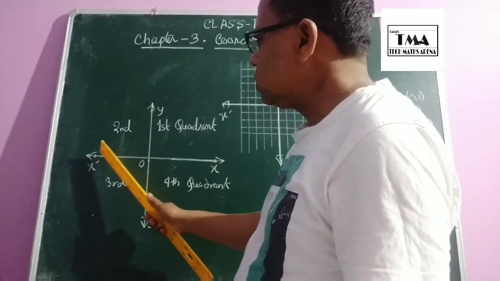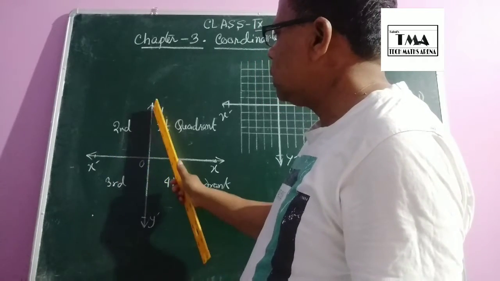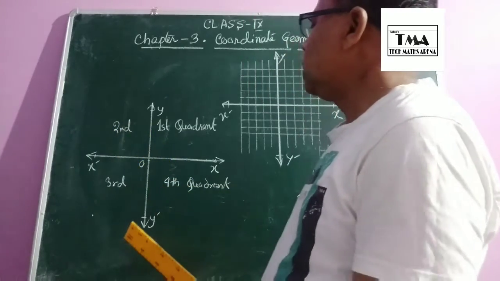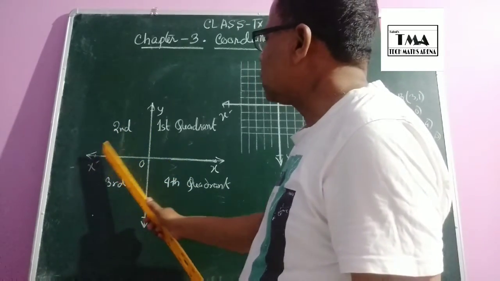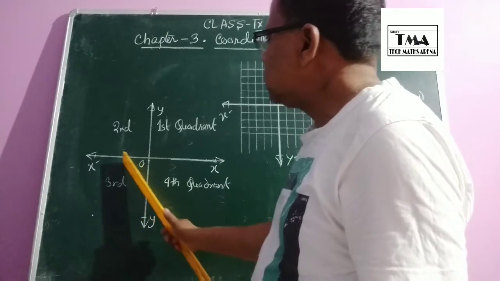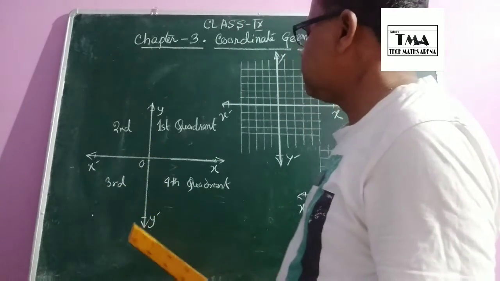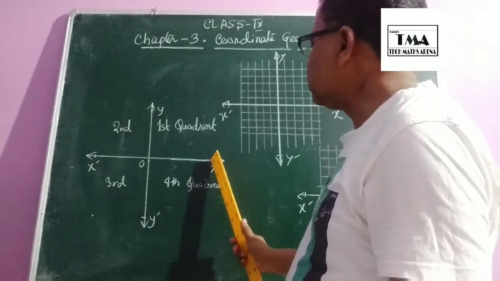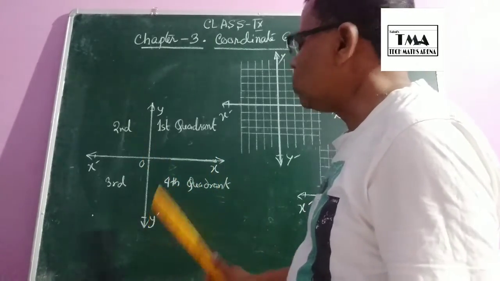The second region, X'OY, is called the second quadrant. The third region, X'OY', is the third quadrant. And the fourth quadrant is the region XOY'.